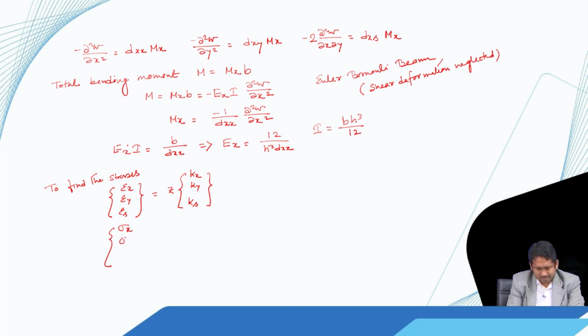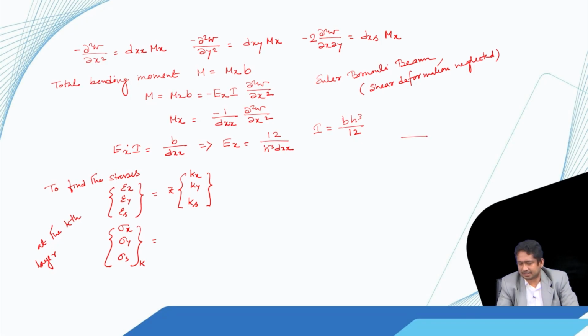sigma x, sigma y, sigma s for the kth layer. So, our beam has several layers, layer 1 to layer n, and the height is h. This is direction x, this is direction z.